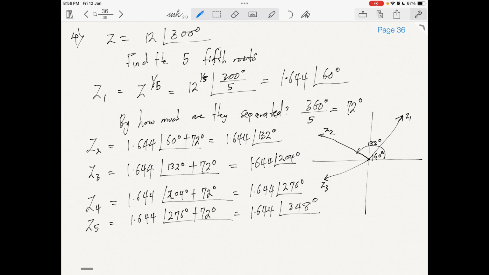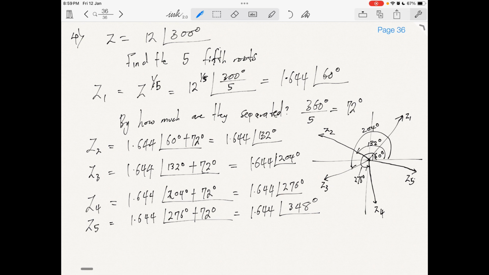And 276 degrees is in the fourth quadrant, very close to it. So this is Z4 at an angle of 276 degrees, and Z5 is 348 degrees.